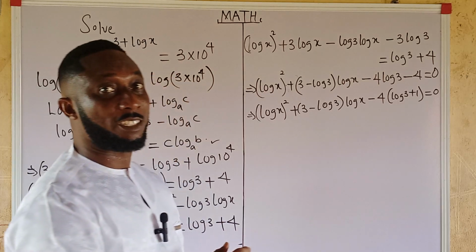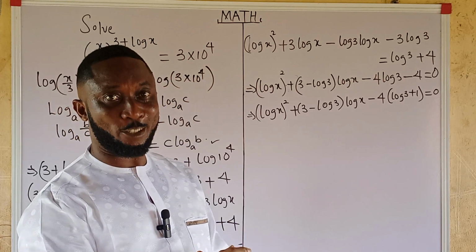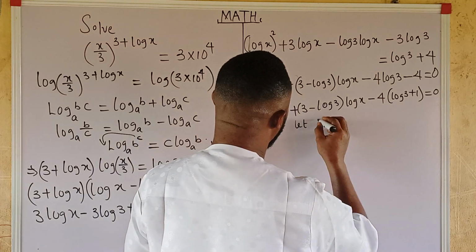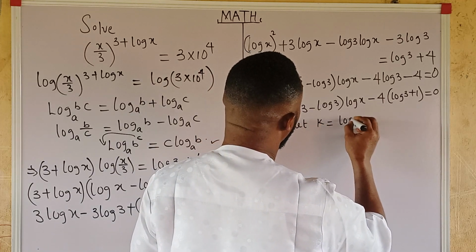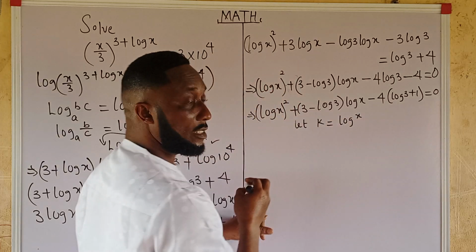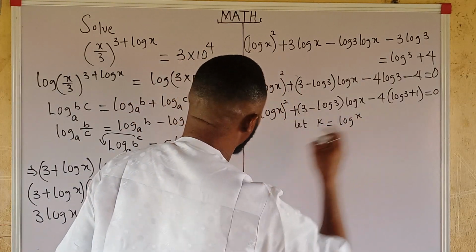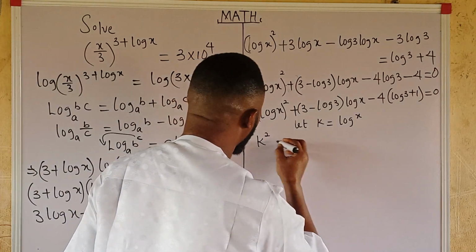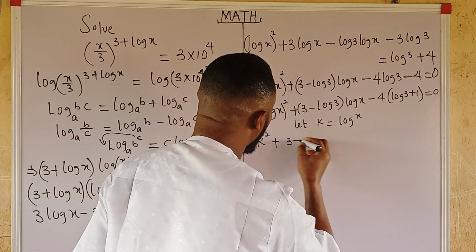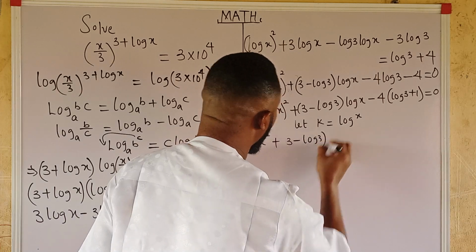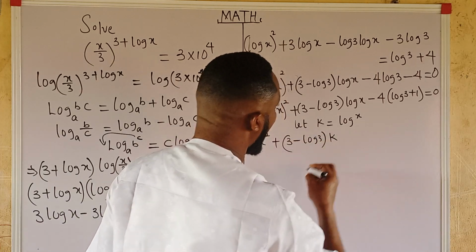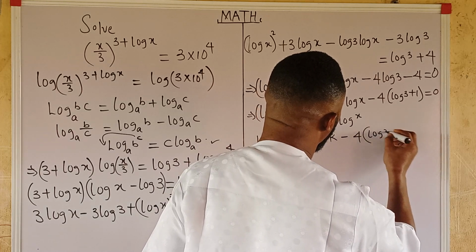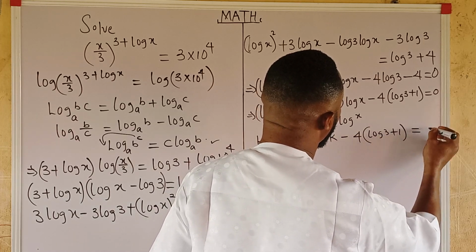So this quadratic equation is now in a standard form. So I can now say, okay, let k equal log of x. So I can then write this equation, this humongous equation, to be k squared plus 3 minus log 3 in parentheses k, then minus 4 into log 3 plus 1, everything equal to 0.